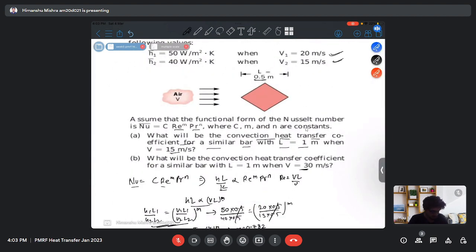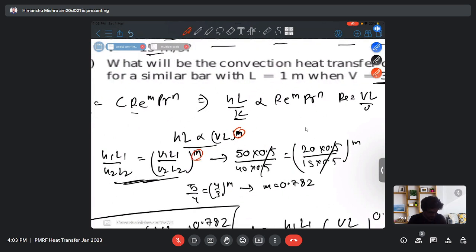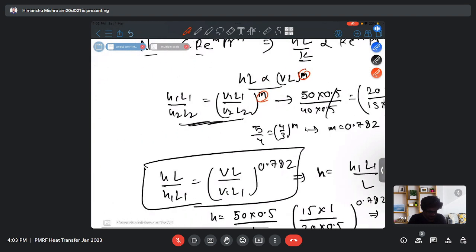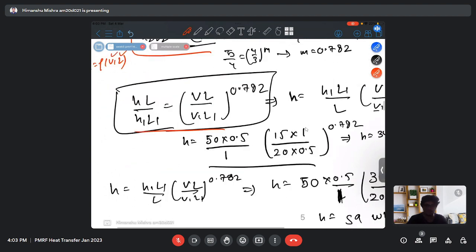So two conditions are given, and these conditions are helpful to determine m. Now once we got the m, which is some constant, we use the same relation of heat transfer coefficient as a function of velocity and length to determine the modified heat transfer coefficient. So it doesn't matter how you change the velocity and length, whatever the change you have, you just plug into the expression to find the modified heat transfer coefficient.